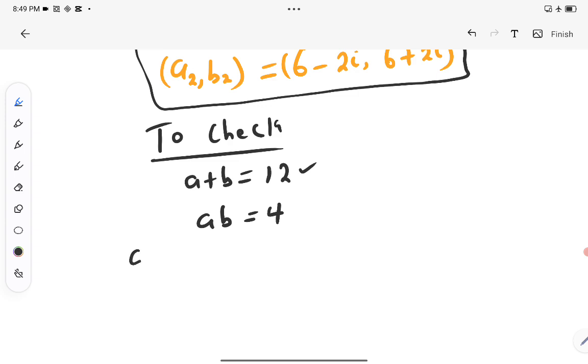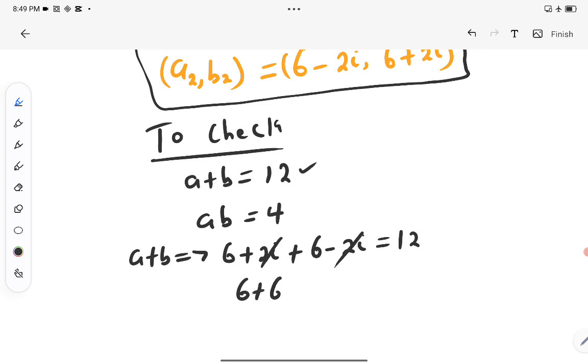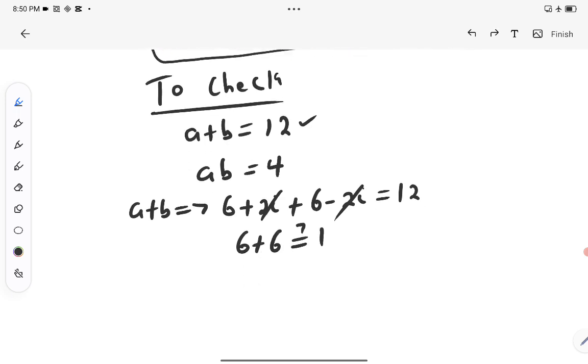Now we have A plus B. This is the same thing as 6 plus 2I plus 6 minus 2I is equal to 12. Then this cancels this. 6 plus 6 must be equal to 12. Then 6 plus 6, this is 12, is equal to 12, which is true.